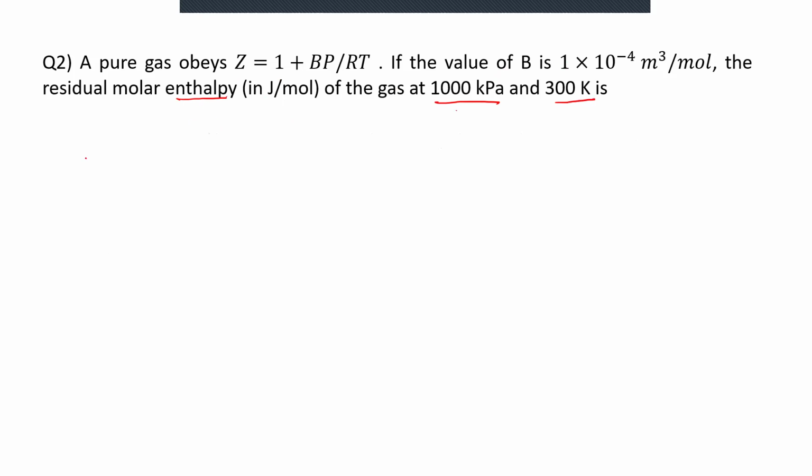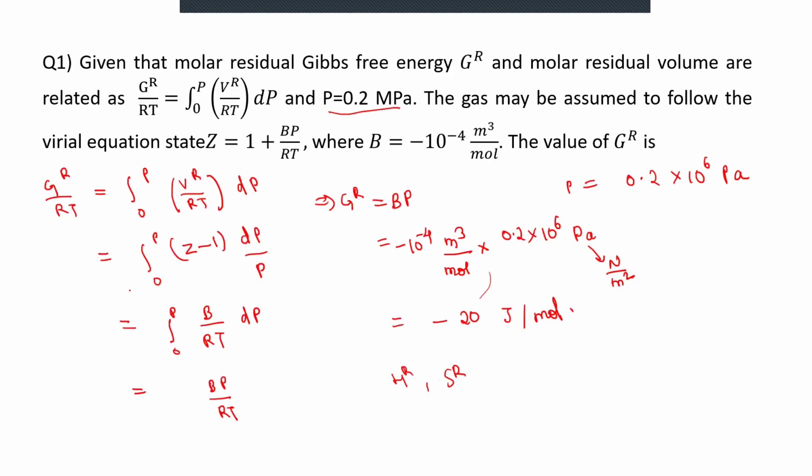So what we have is HR by RT equals to minus T rho of GR by RT by rho T at constant pressure. So this is expressed again as, so what is GR by RT which we have found earlier? This we have found GR by RT is Bp by RT.